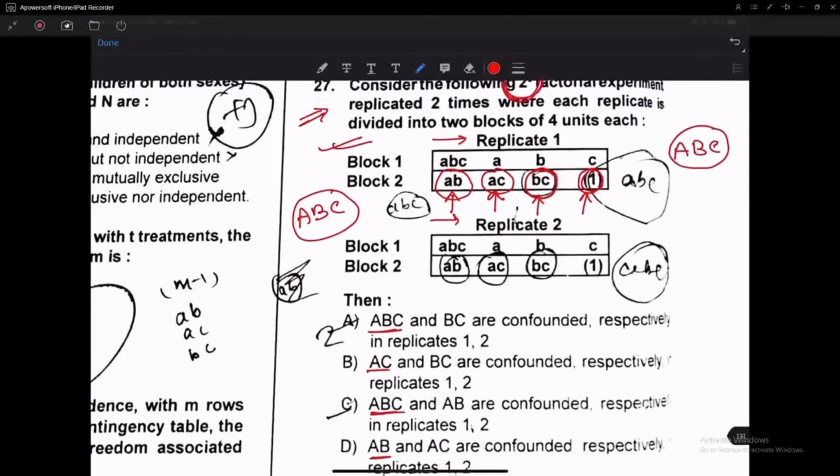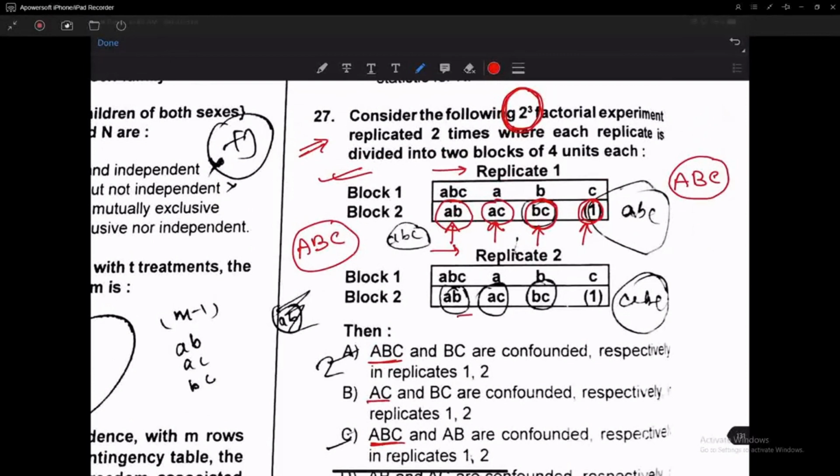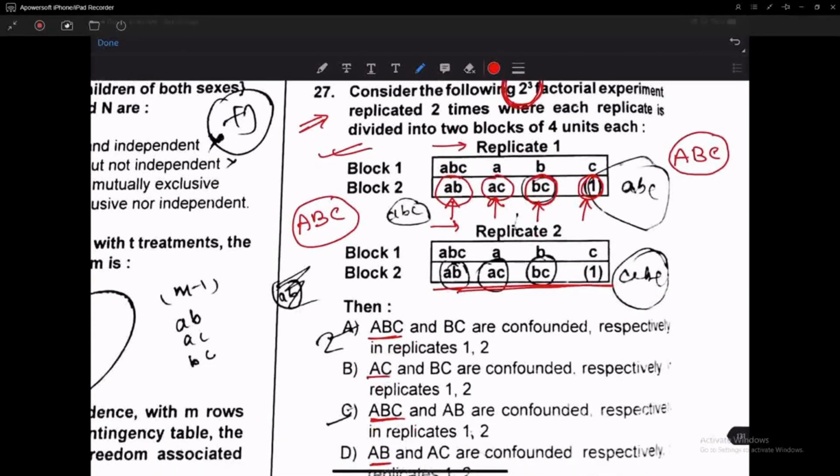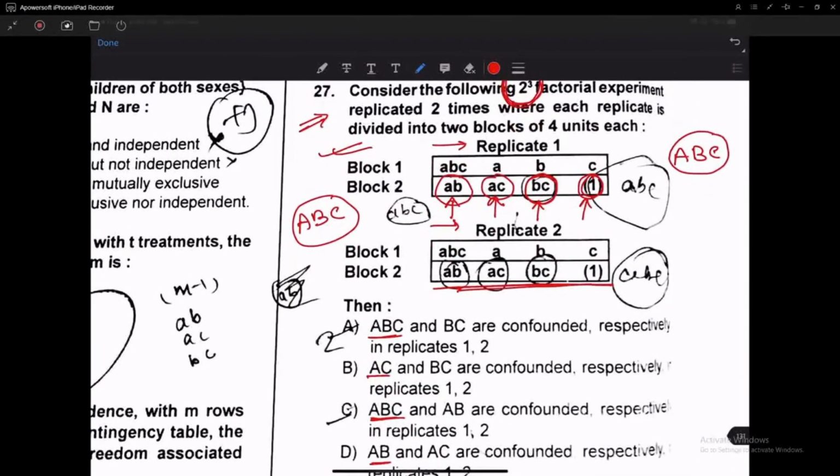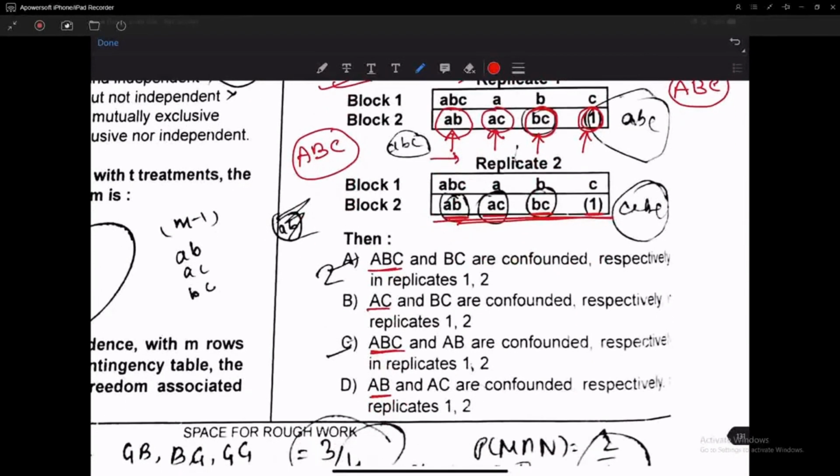Now let's check the next part. Here we have AB, AC, BC and 1. If ABC is confounded in replicate 1, then the two options are BC and AB, so we just have to check whether BC and AB are confounded or not.